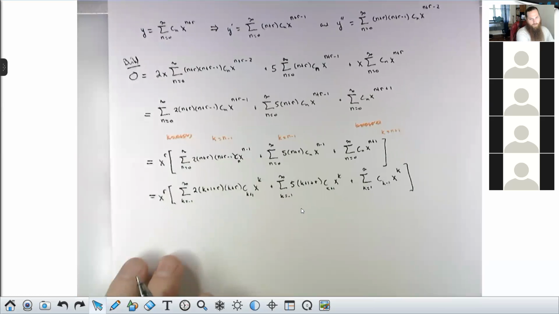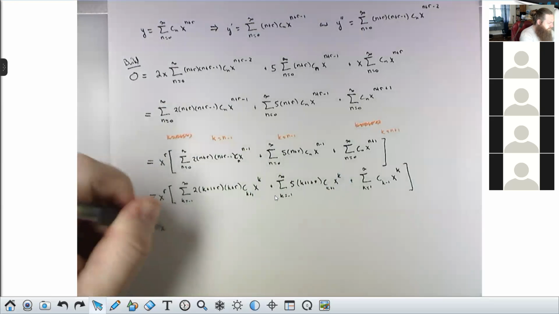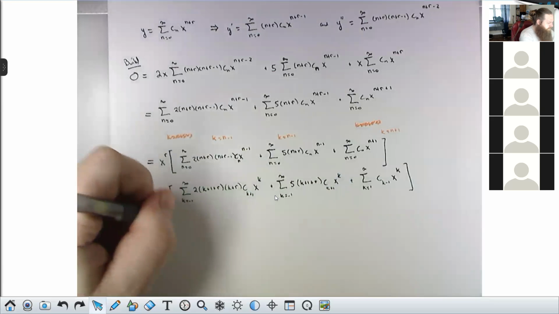The first two series are easy to combine. We should combine them, and then we'll do whatever work is necessary to combine the resulting series with the third. So I've got a c k plus 1 x to the k that will come out, and then I've got k plus 1 plus r as common factors. So I can bring all that out, not out of the series, but out of the coefficient.